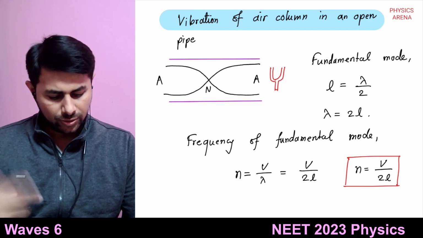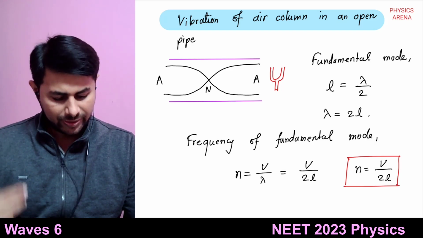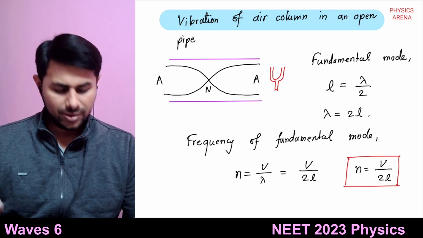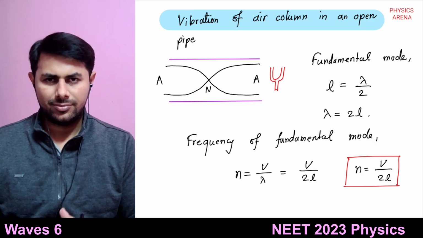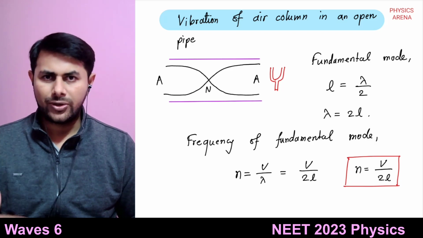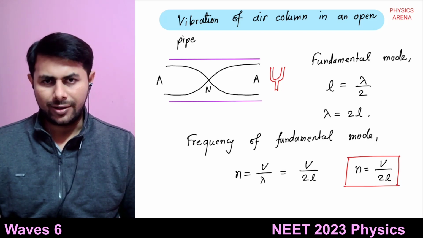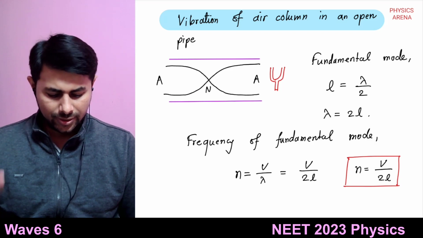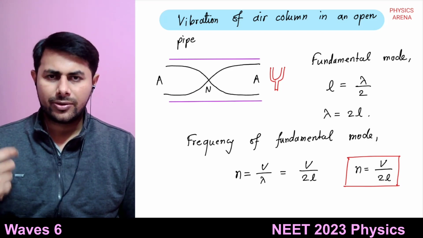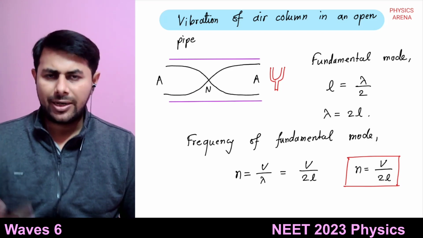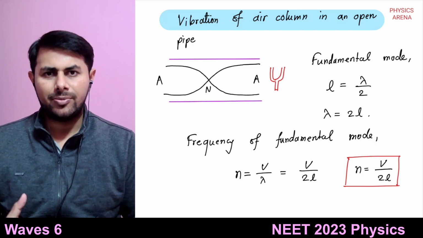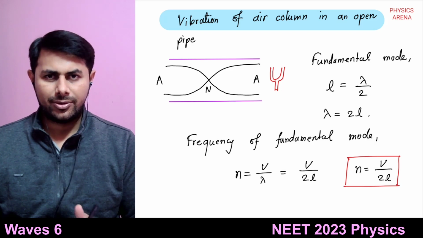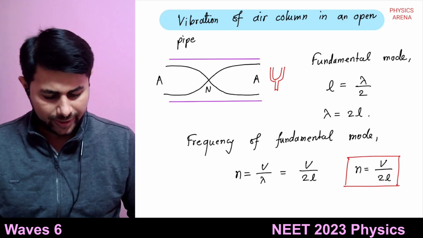This frequency is 2 times the frequency of the fundamental mode of a closed pipe, right? It is v upon 4L, this is v upon 2L. Okay, so the fundamental frequency of an open pipe will be twice the fundamental frequency of a closed pipe of the same length.